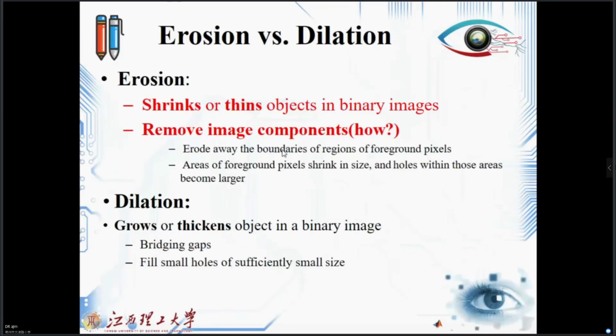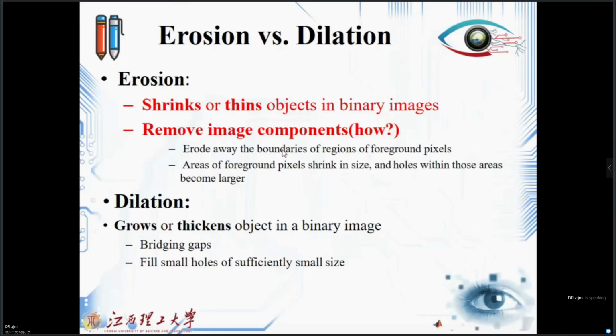Then let us see the erosion and dilation difference. In erosion, we shrink or thin objects in the binary image, remove image components, and erode away the boundaries of the foreground pixels. Areas of foreground pixels shrink in size and holes within those areas become larger.